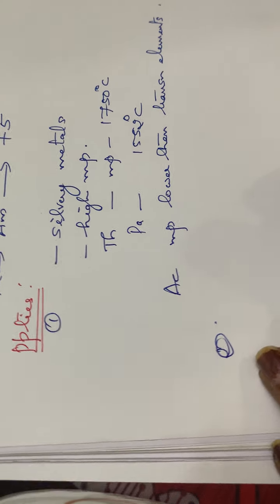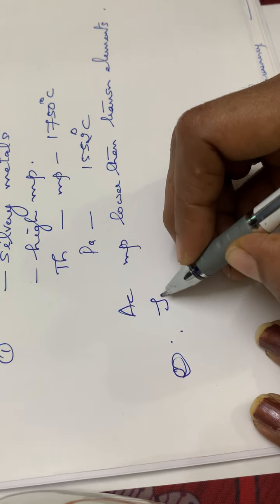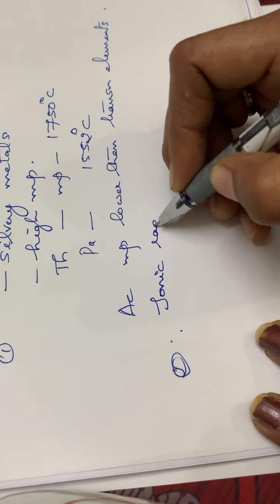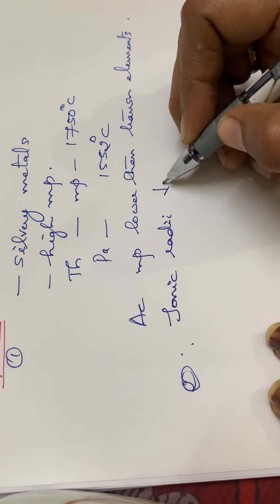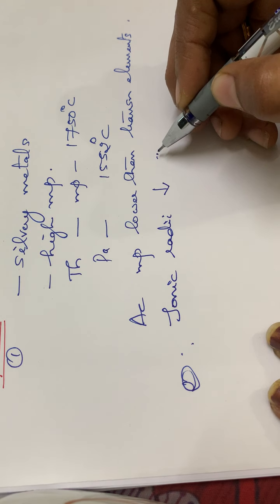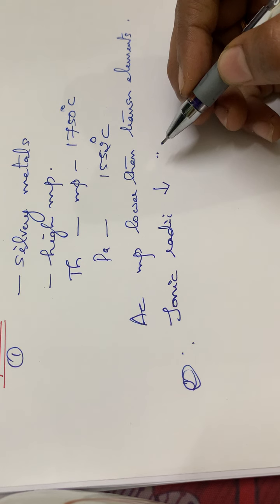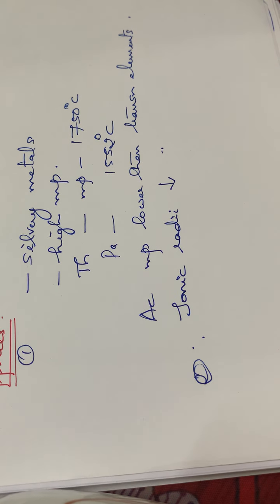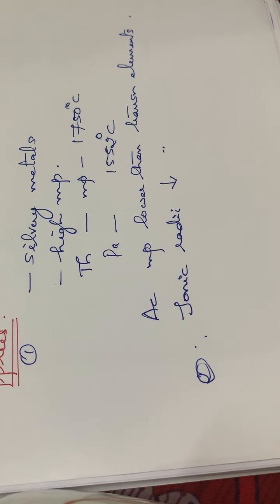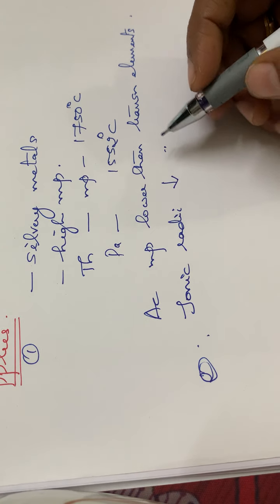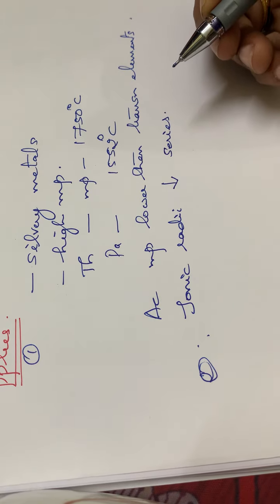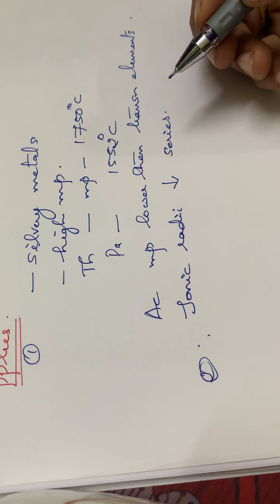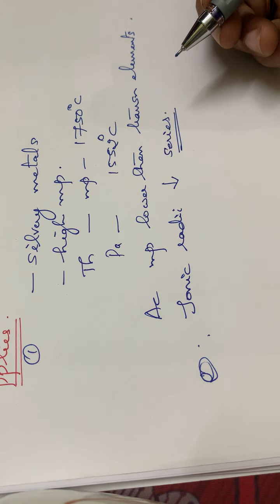the ionic radii. Ionic radii decreases along the series.